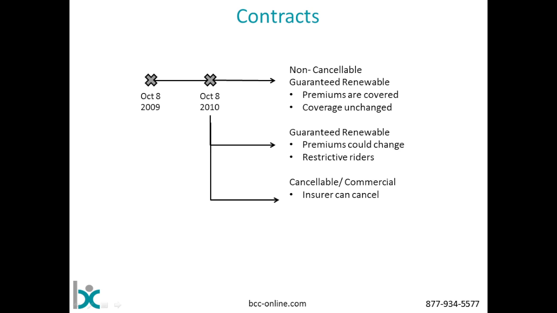As with our guaranteed renewable policy, they might try and keep me around, but ask me to pay more money. Or they might, again, add those restrictive riders. So these are the ways that we can put the contract in place now to cover somebody in the event of disability.